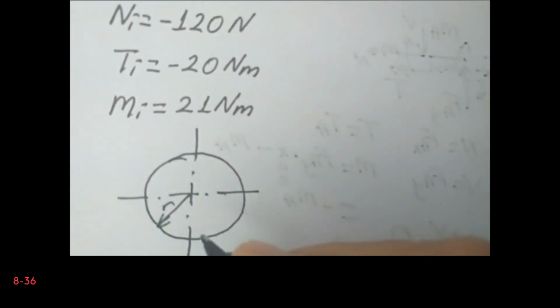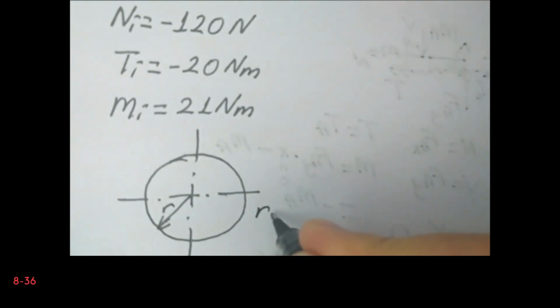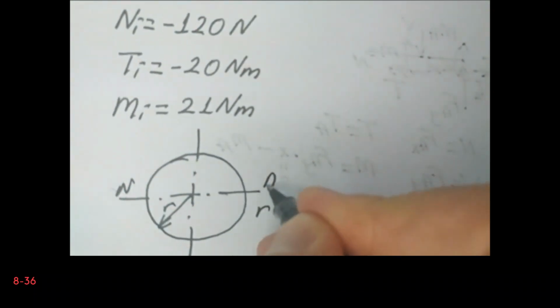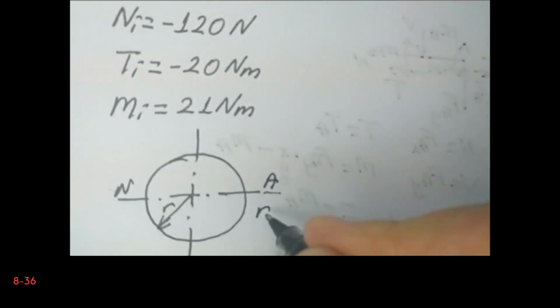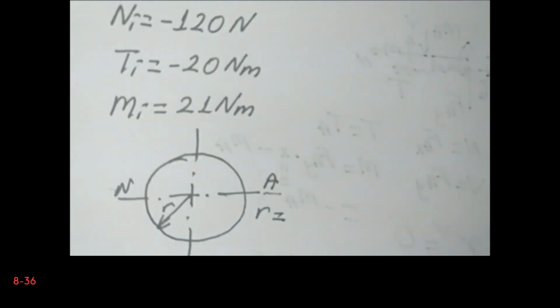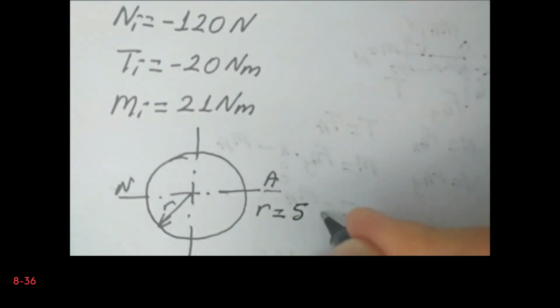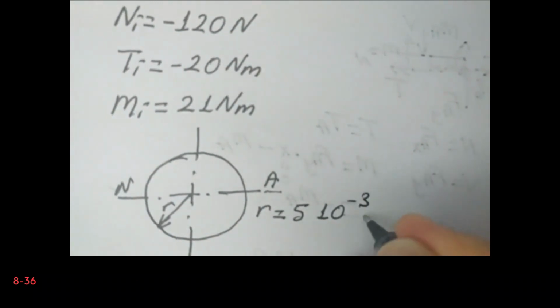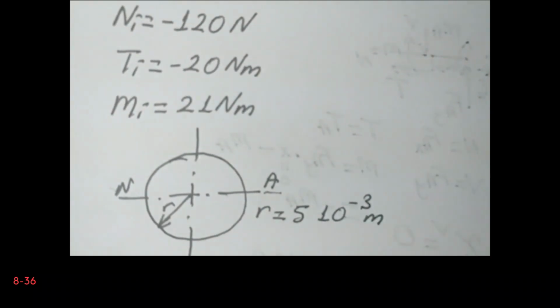Neutral axis just passes through the center. So r is 5 millimeters, 5 times 10 to the power minus 3 meters. And we are asked for the state of stress at point A.